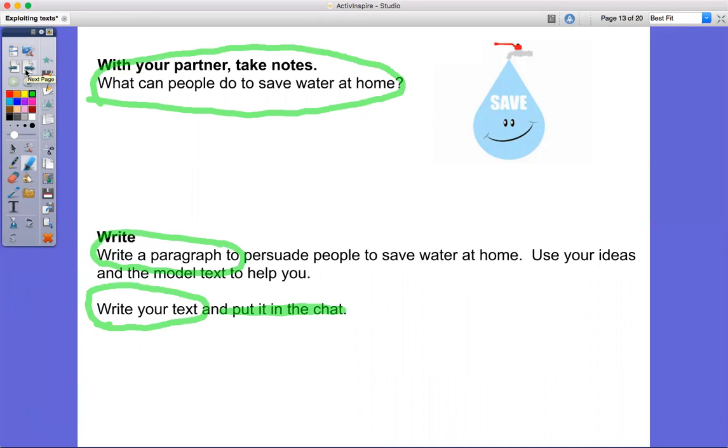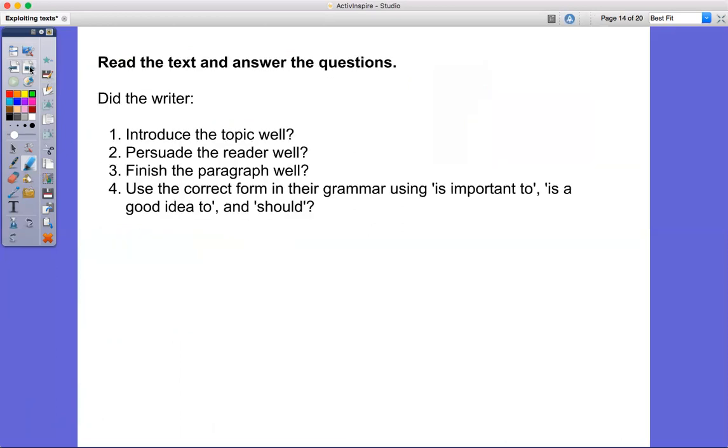After they have finished their paragraph or nearly finished their paragraph, they then give their writing to another pair. Once the teachers have a new writing in their hands, they can then do some peer correction by answering these questions.